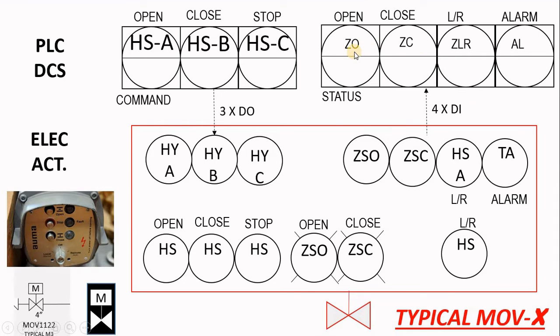Here I put it as digital: valve fully open, valve fully closed, local or remote, and I have an alarm input as well. In the MOV local panel, you can find some indication lamps, push buttons, and selector switches. So each type has different types and numbers of IOs.